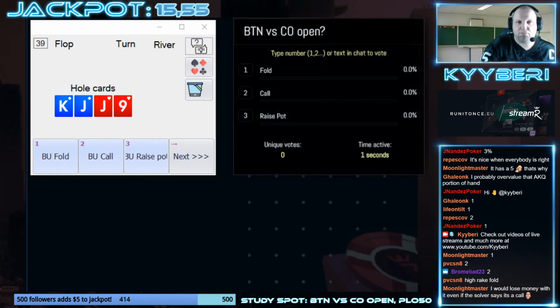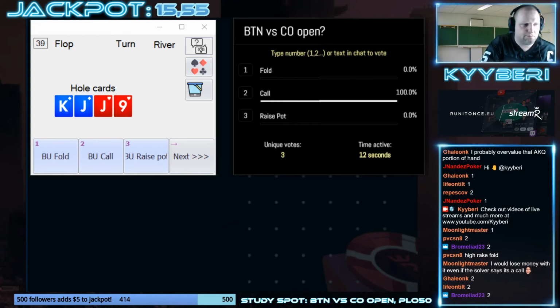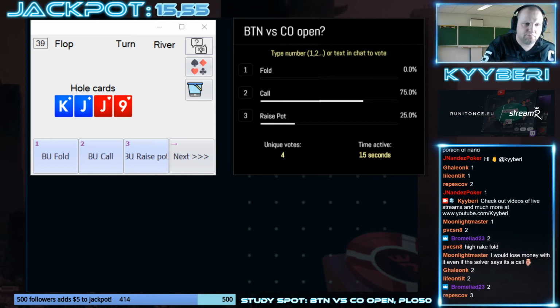All right, let's start the poll. Double suited jacks. These are the hands where I have to say I don't know when these types of hands turn to 3-bet versus late positions. Like overall from the button versus cutoff open.